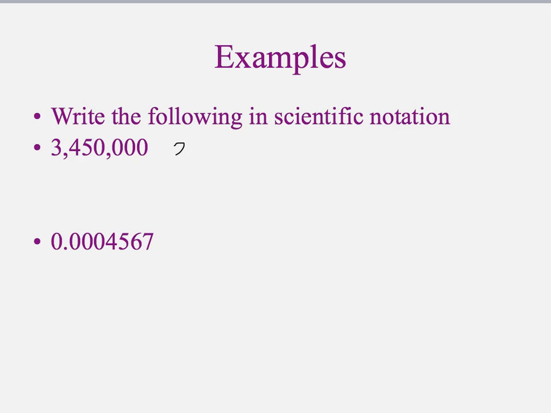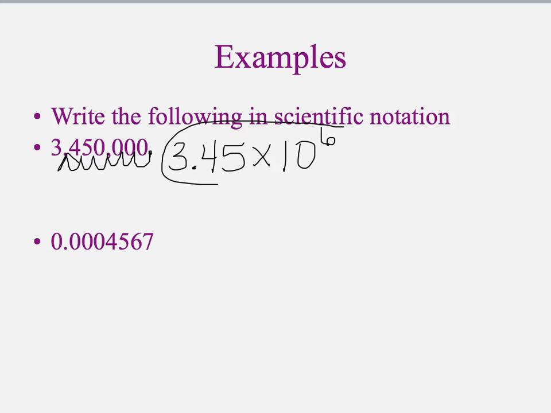So 3.45 would be the significant digits, and a power of 10. If my understood decimal is right here, 1, 2, 3, 4, 5, 6, times 10 to the 6th power. When we have a really big number that we're writing in scientific notation, our exponent is positive.